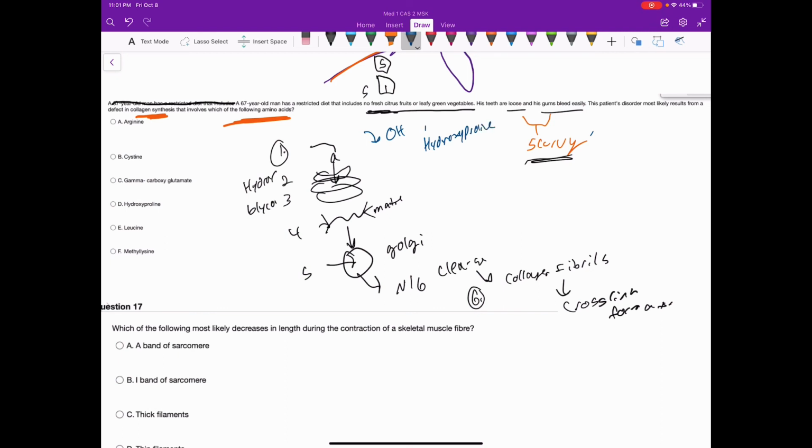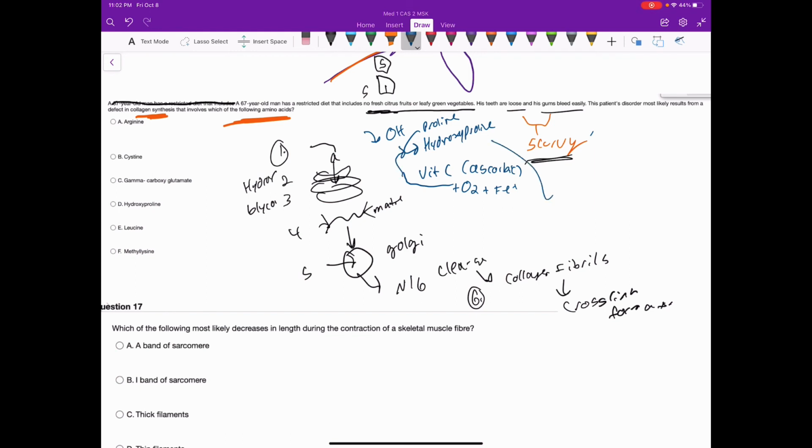We're going to turn proline into hydroxyproline. How? We're going to hydroxylate it. We use an enzyme, and that enzyme is going to need a cofactor. The cofactor is vitamin C, also known as ascorbic acid, plus oxygen, plus iron.